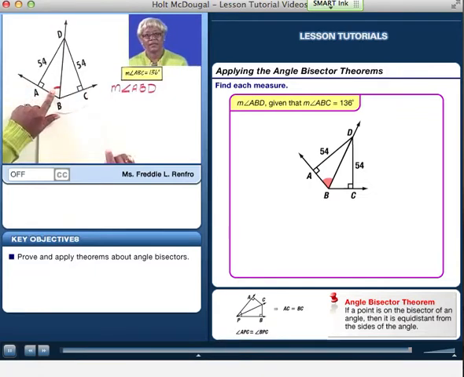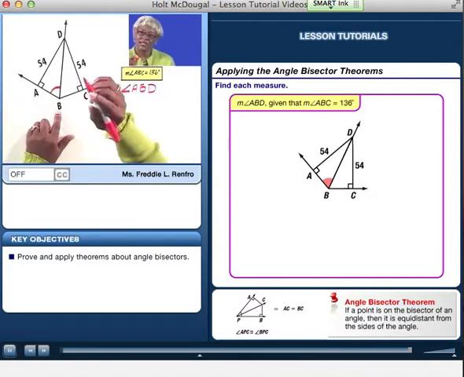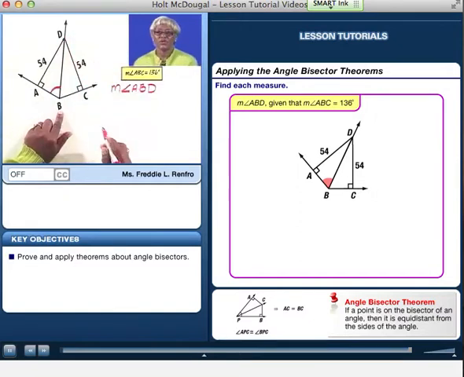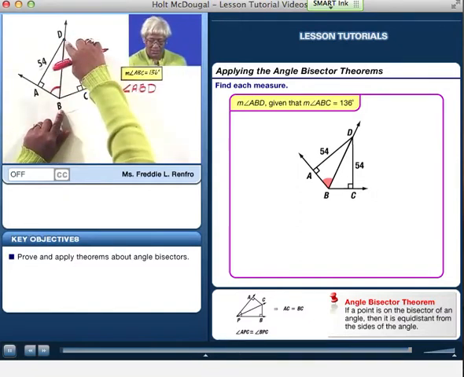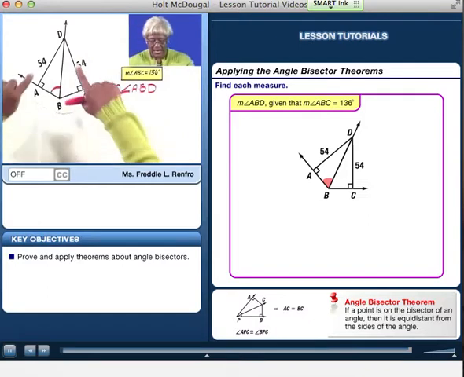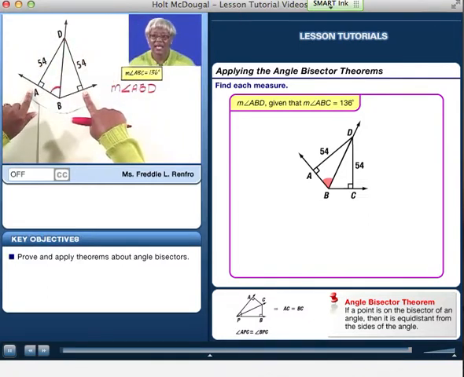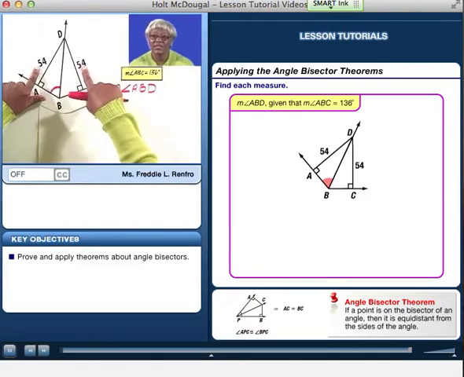Now we know the whole angle, which is 136. What's this one here? Well, look at something. We have a point D that's in the interior of this angle. We also notice that from this point to the sides of this angle, these two sides are equal to 54.